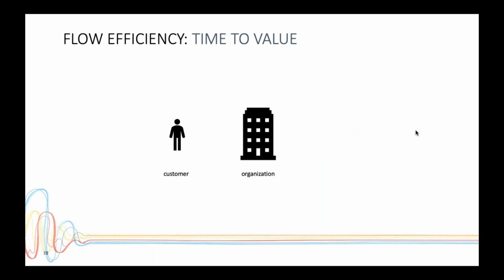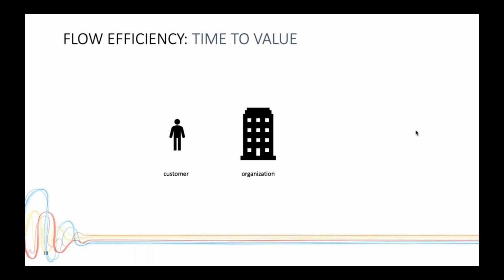So the other model that these two Swedish people come up with is a very different model, which they call flow efficiency, which has much more to do with time and the time that it takes to deliver value to a customer. You might have noticed that in my little diagram with the factory, there was no customer involved there.